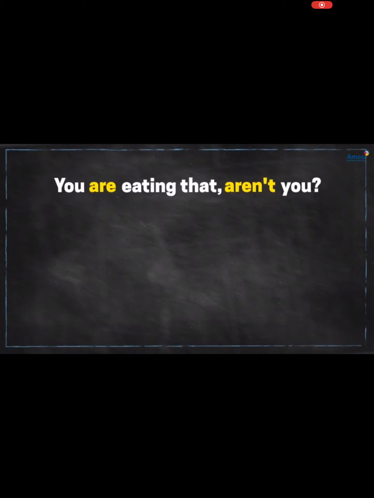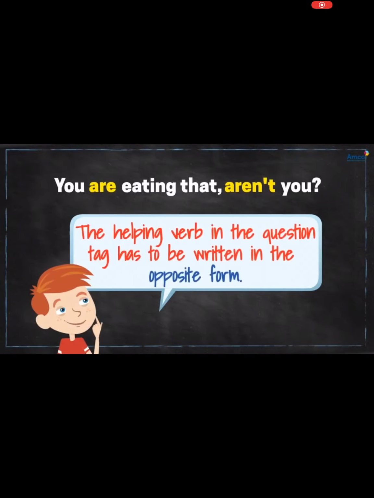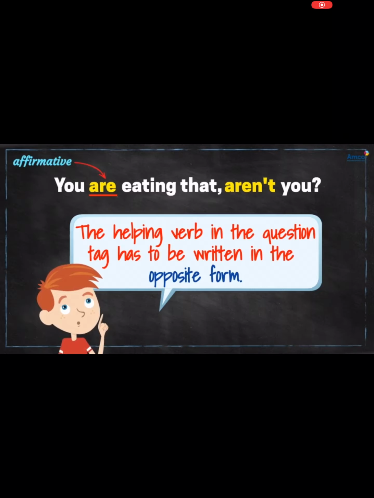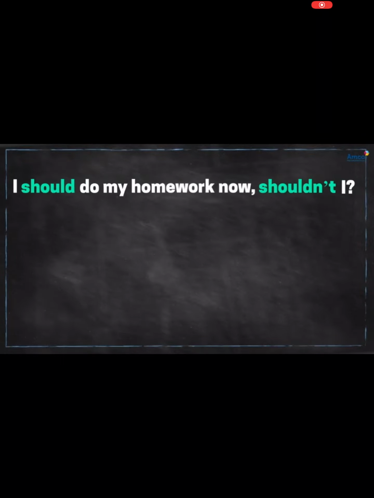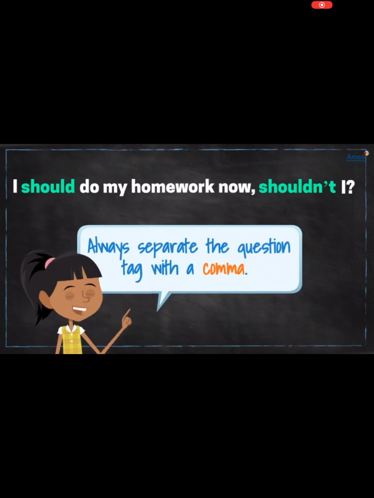You are eating that, aren't you? The helping verb in the question tag has to be written in the opposite form. I should do my homework now, shouldn't I? Always separate the question tag with the comma.